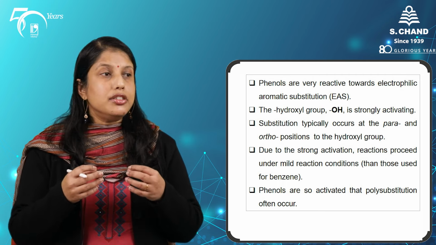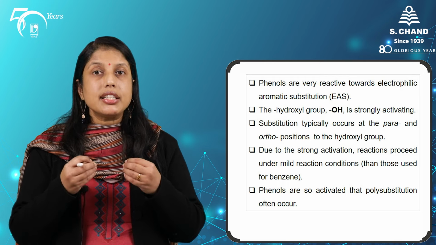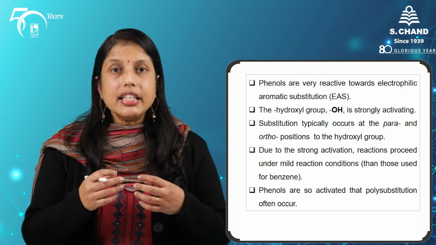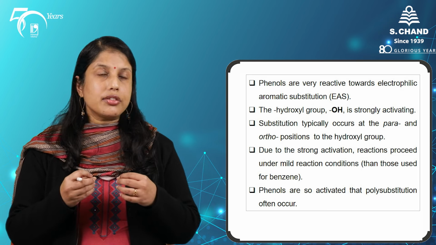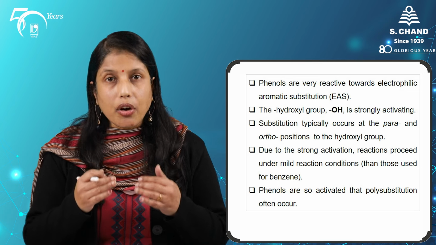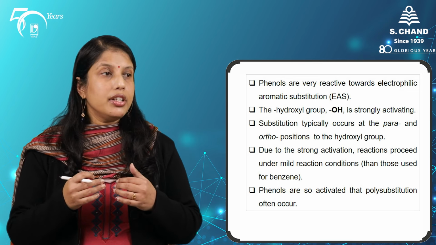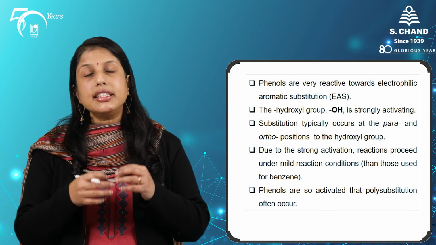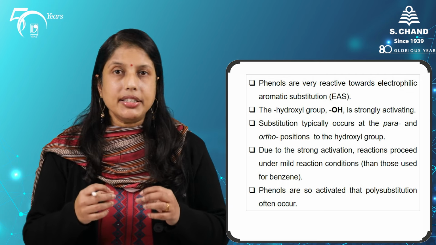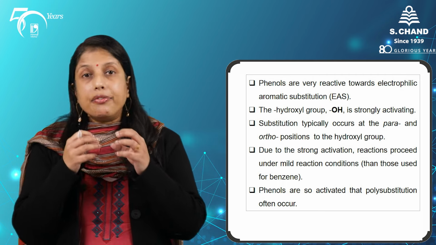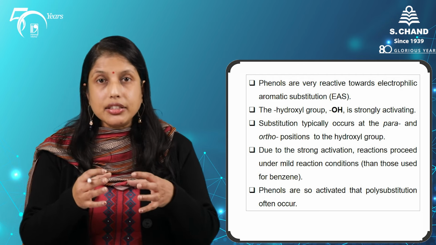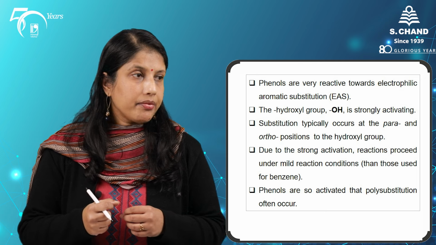Yes, it is due to the presence of the hydroxyl group. Phenols are highly reactive towards electrophilic aromatic substitution because the hydroxyl group in phenol exhibits a strong activating effect on the benzene ring. It provides a ready source of electrons into the benzene ring.